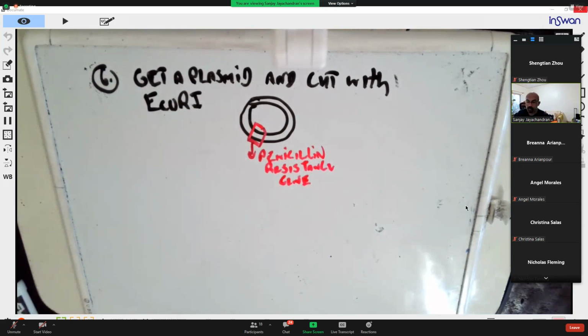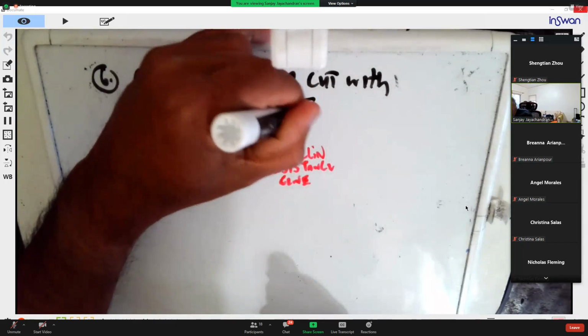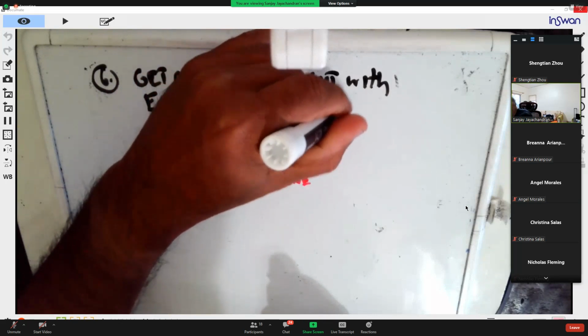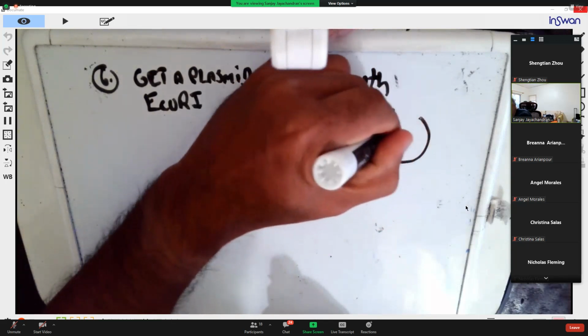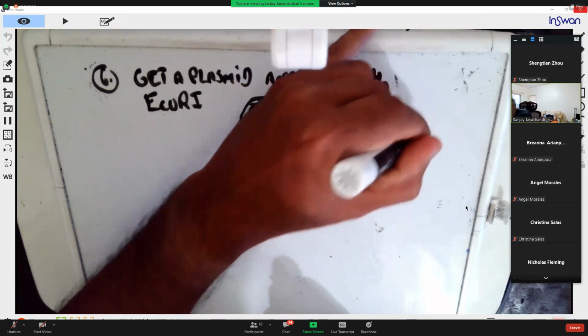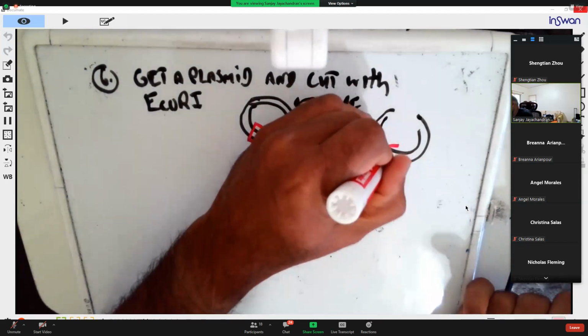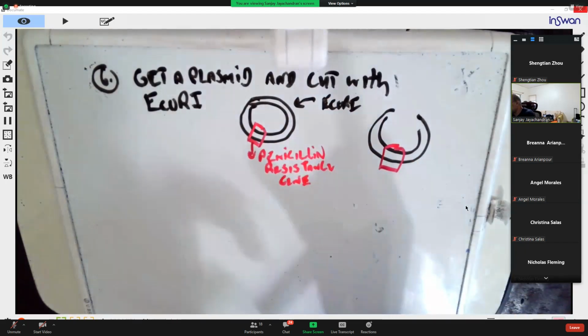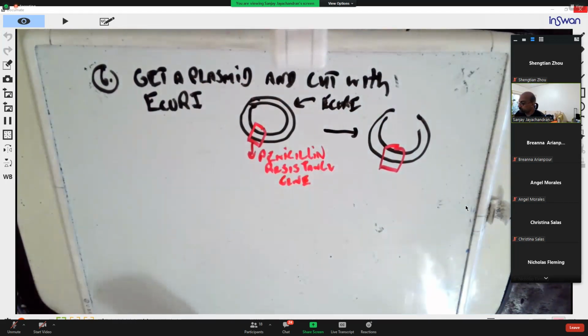Okay, and what I'm going to do is I'm going to cut this open with EcoR1. And it's going to give me the same kind of sticky ends. Here's my penicillin resistance gene. All right, I'm going to go from here to here when I cut it. So here I got some ends that are staggered.